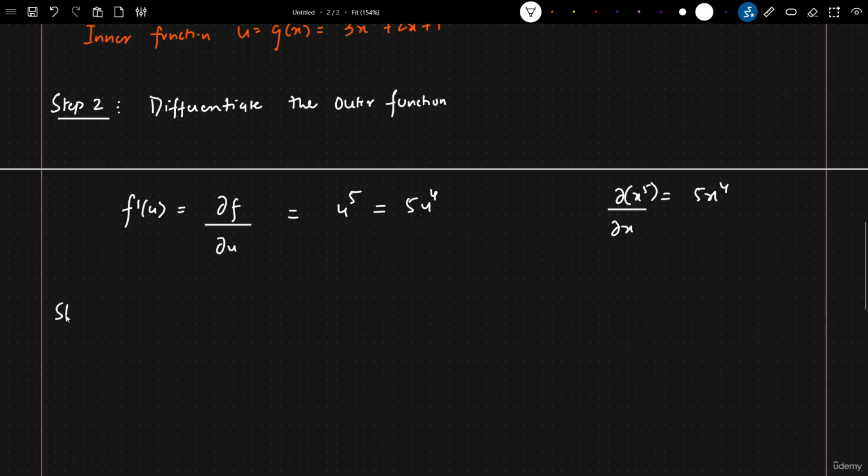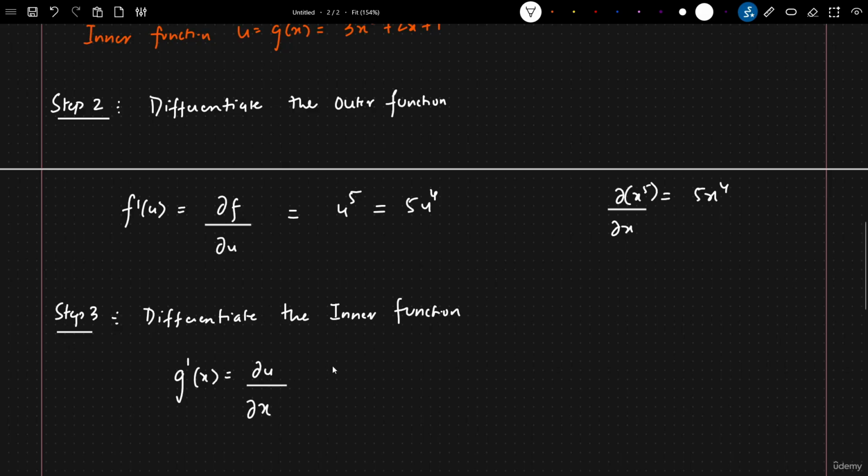Now in step 3, we will go ahead and differentiate the inner function. Okay, so for the inner function, I will write g dash of x, which is nothing but derivative of u. U is nothing but g of x, right? With respect to derivative of x, right?